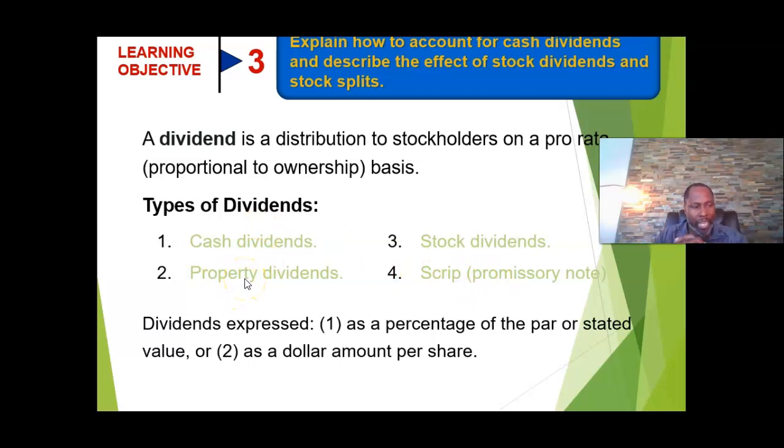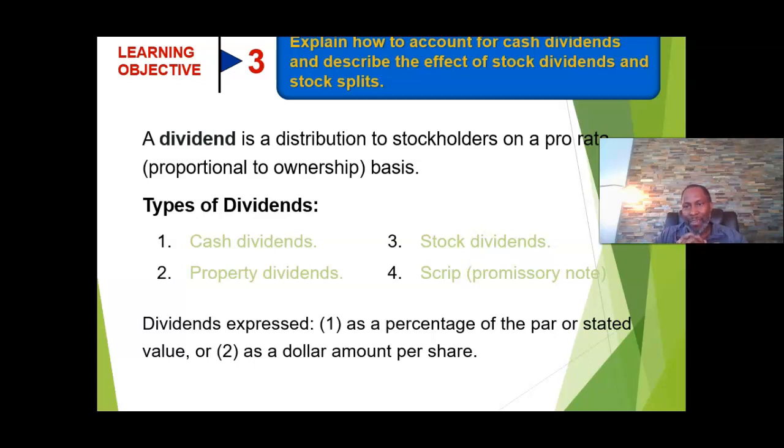So with a property dividend, which is very uncommon, you may have this more with privately held corporations. Rather than paying you cash, you're going to receive some type of property, some type of asset as a form of a dividend payment. Again, this is very uncommon except for privately held corporations. With a stock dividend, rather than paying you cash, they're going to issue you stock.